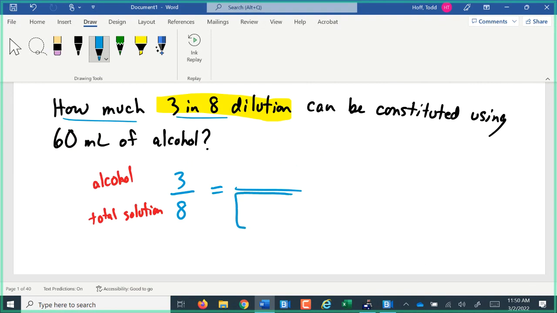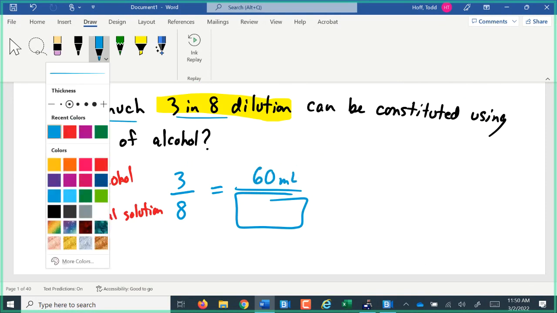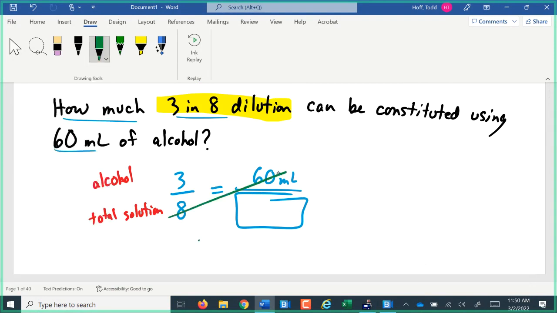So I'm looking for the amount of the total solution. What I'm looking for is represented by one of those numbers. And 60 milliliters represents the amount of alcohol. So that goes on top here, 60 milliliters. And now I can find my amount of total solution by simply cross multiplying. 8 times 60 divided by 3 is 160 milliliters.